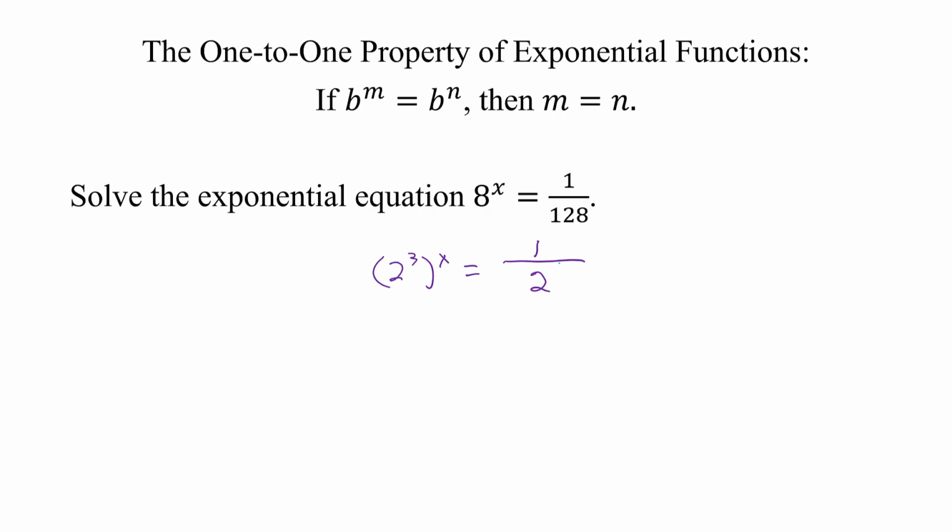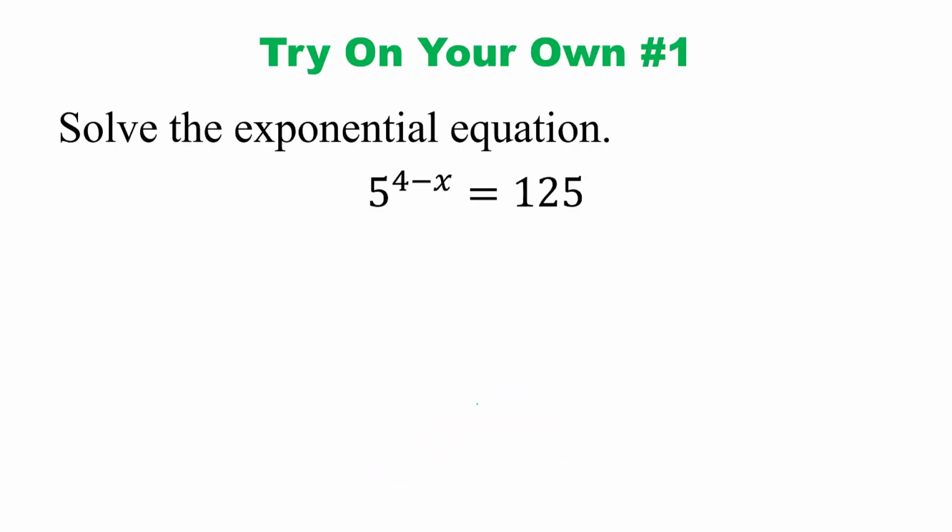Using my fingers, I can tell that 128 is 2 raised to the 7th power. And so I now have 2 raised to the 3x equals 2 raised to the negative 7th, or 3x equals negative 7, from which I solve to get x equals negative 7/3 as a solution to this equation.